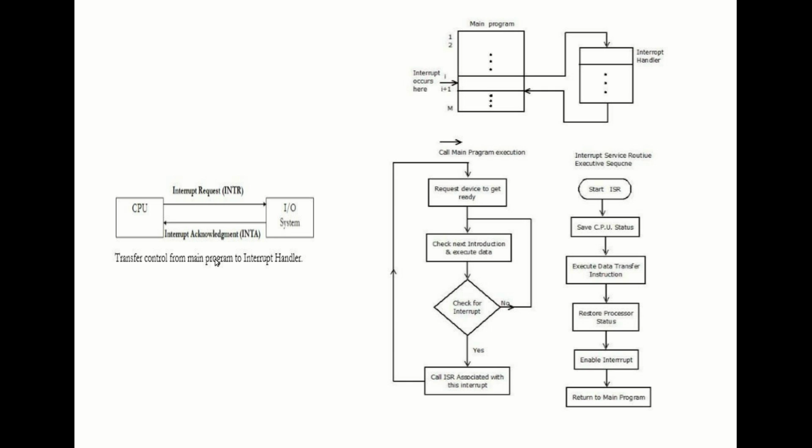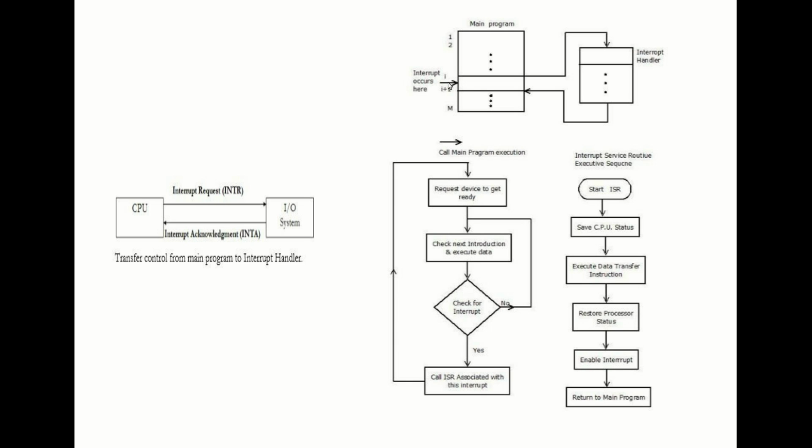So now what happens? You can observe this diagram. Here the main program, the CPU will be executing this program. Imagine the CPU is now executing the program. Here at this particular point, the interrupt occurs. Now when I say interrupt occurs, the CPU is to transfer data to the input-output device.